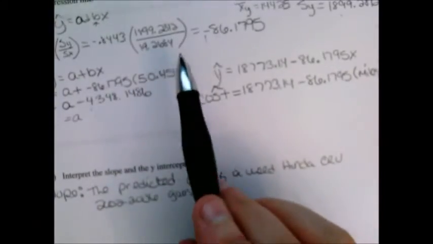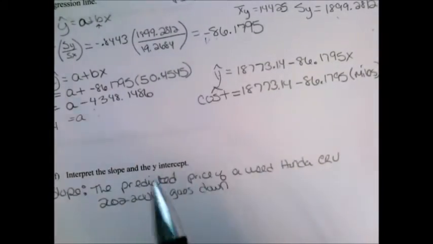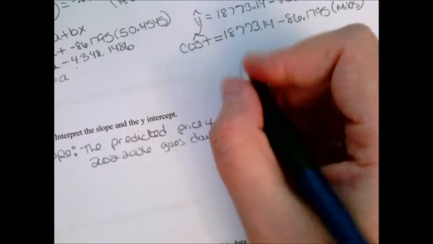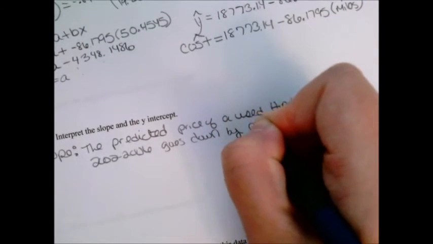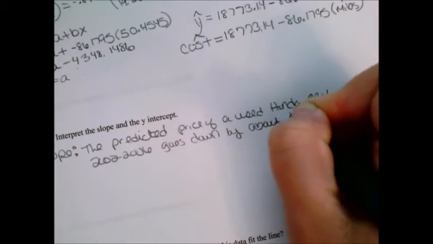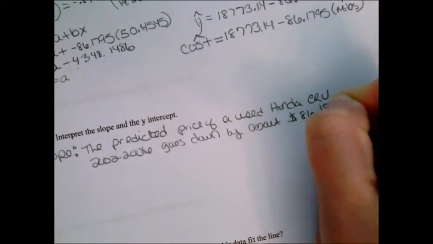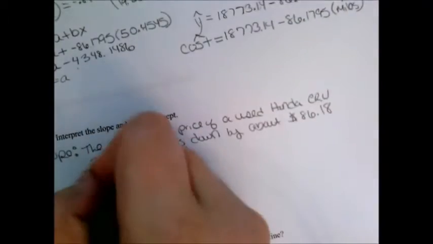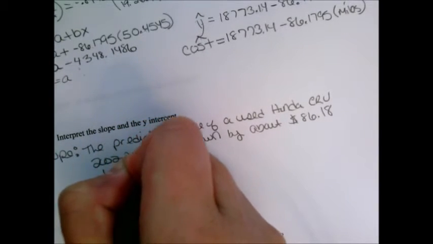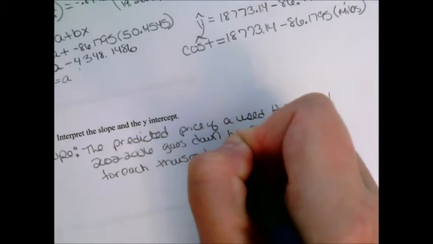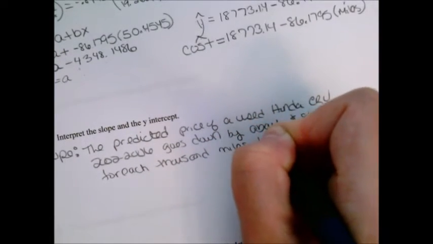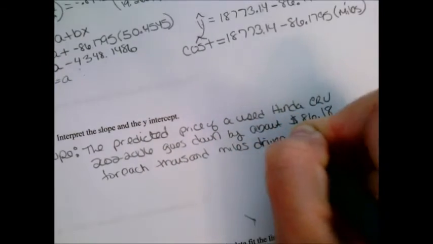It goes down by about $86.18 for each 1,000 miles driven. That's it.